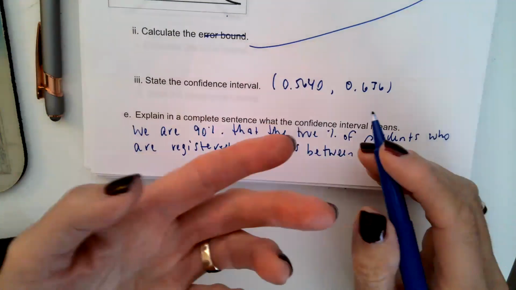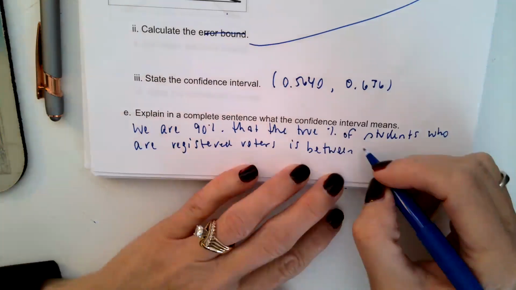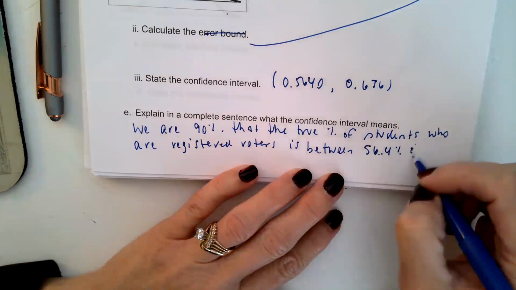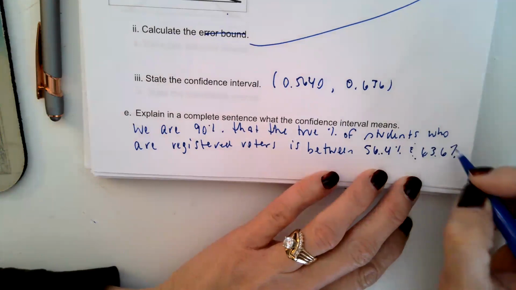So it's up to you. I think Alex is probably going to use the decimal version. So 56.4% and 63.6%.